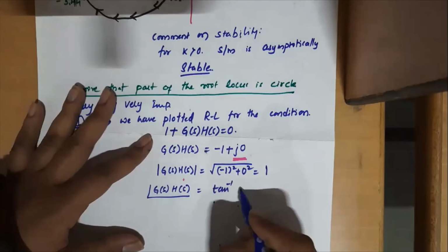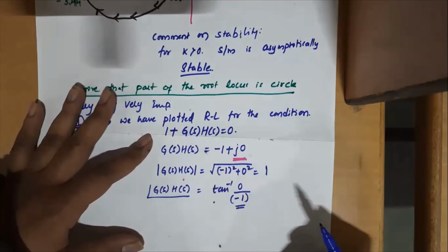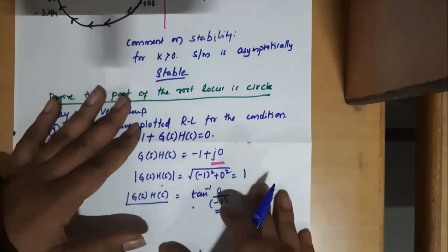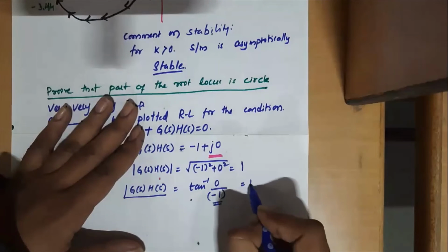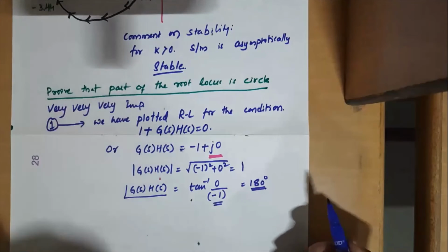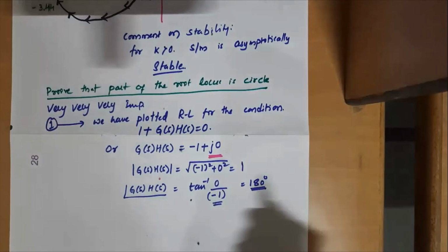Therefore, which quadrant or which line does it lie on? It lies on the 180-degree line. So minus 1 on the S plane is on the 180-degree line. Therefore, the phase angle is 180 degree. This I have told already.